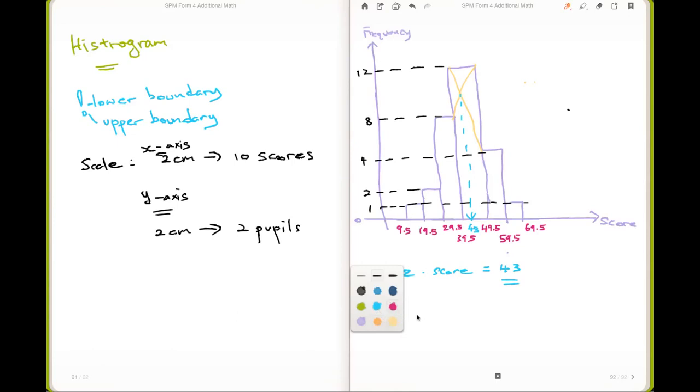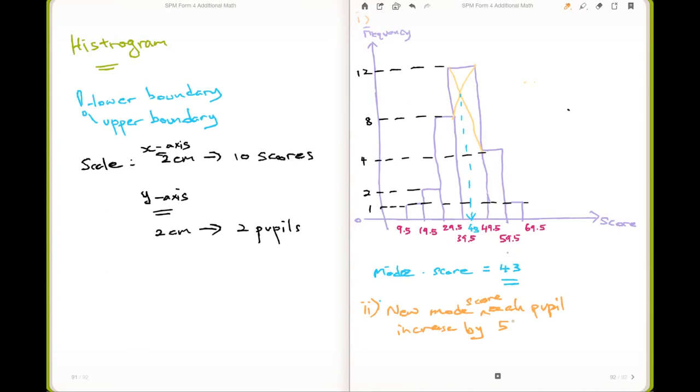Asked in part 2, maybe part 1, what is the new mode score? New mode. If the score of each person is increased by 5, each person increases by 5.